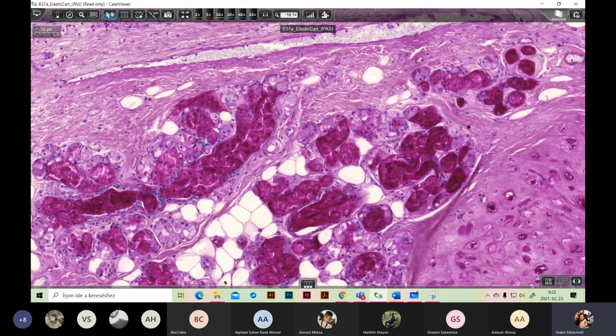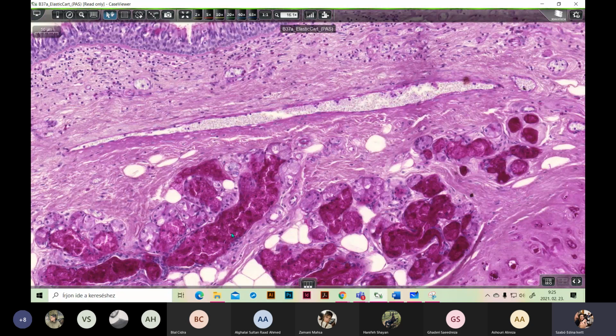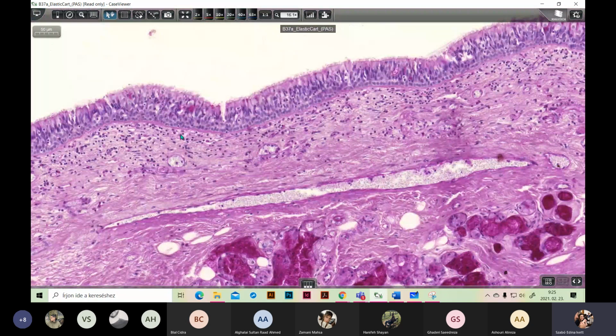The first task, we have to describe the epithelium. Sometimes you will see that the slides are not very nice because, after death, the degeneration process is starting.